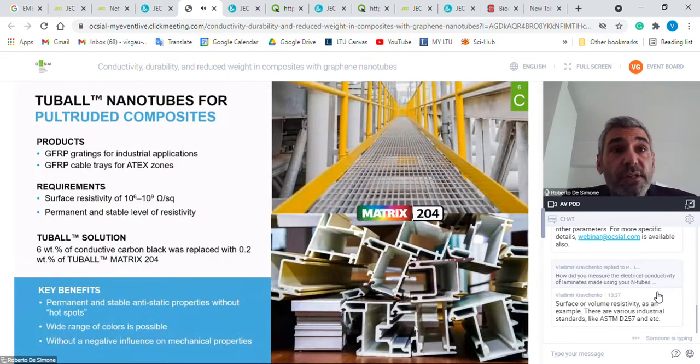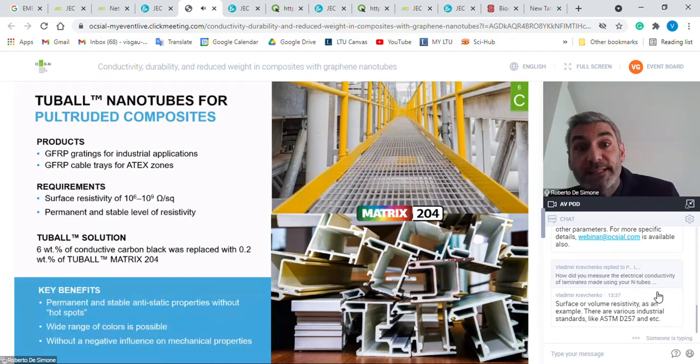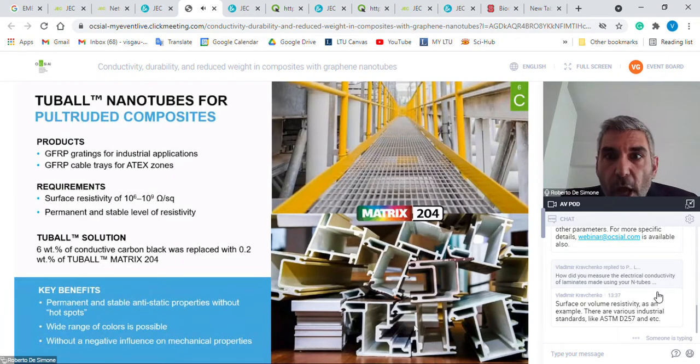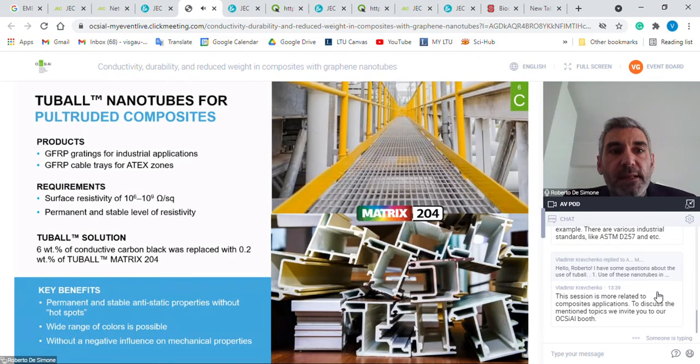Another kind of application is pultrusion in the composite area, in this case GFRP gratings or cable trays for the ATEX zone. We are talking mainly about vinyl ester and polyester resin, so we can highlight Tubal Matrix 204, with only 0.2%, which means, as I said before, 0.02% of Tubal, the active material, you are going to replace easily 6% to 8% of conductive carbon black, keeping the possibility to have different colors.